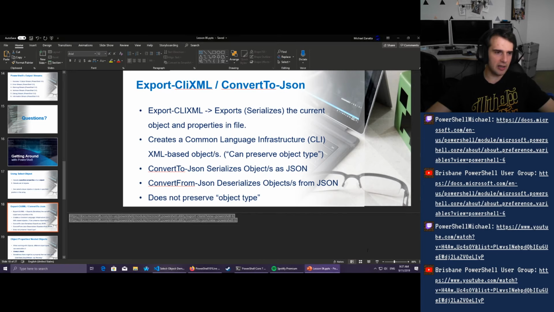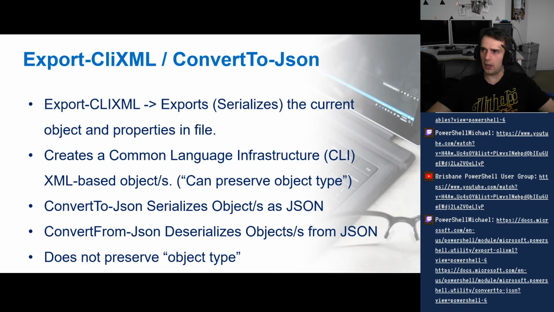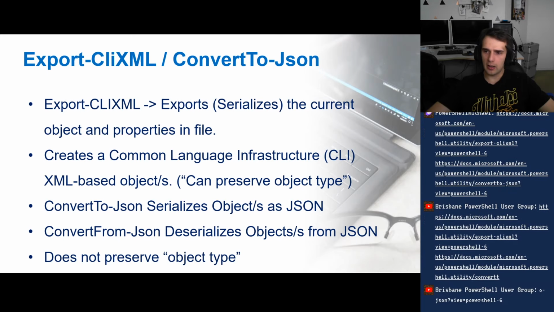Essentially, these give you the ability to export object data to text, to a file, in different types. CLIXML is Common Language Infrastructure XML.